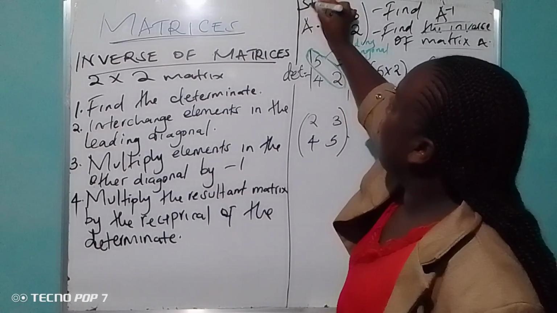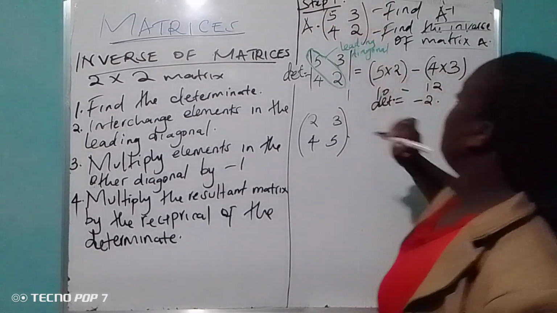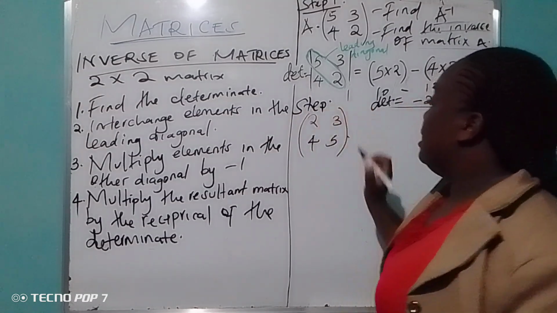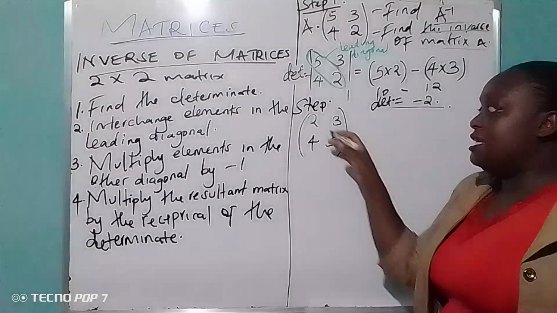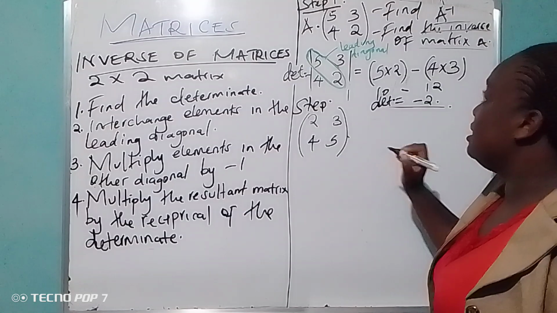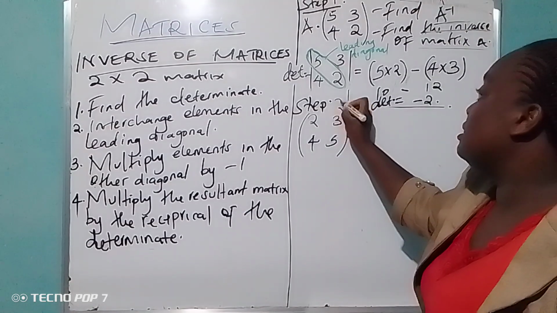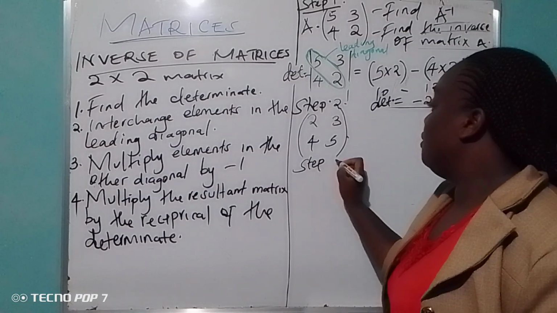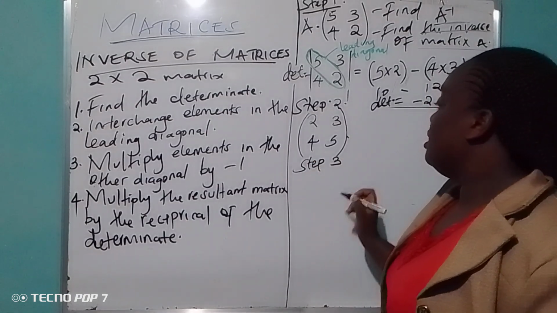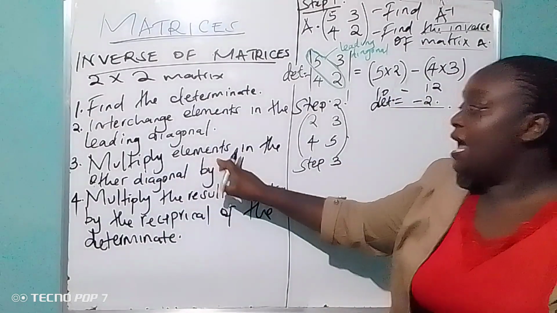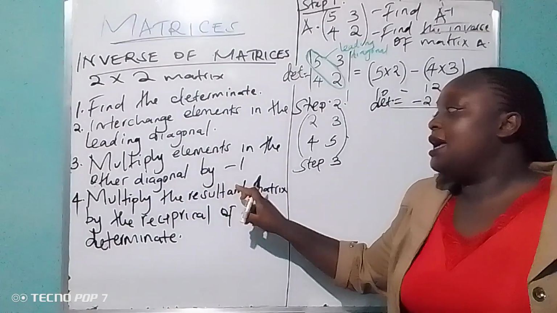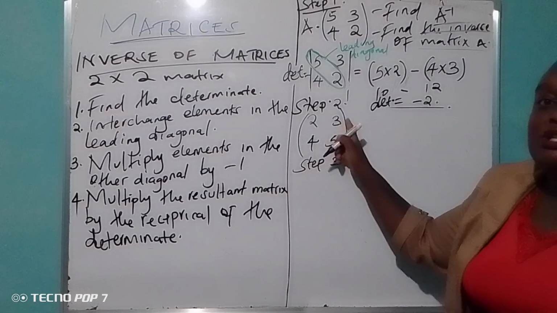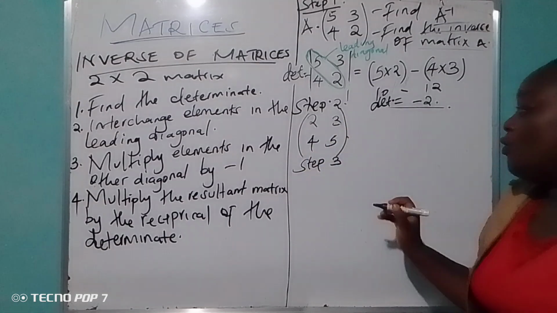So step 1, we found the determinant. Step 2, interchange elements in the leading diagonal. Step 3 is to multiply elements in the other diagonal by -1. So elements of the other diagonal we multiply by -1.